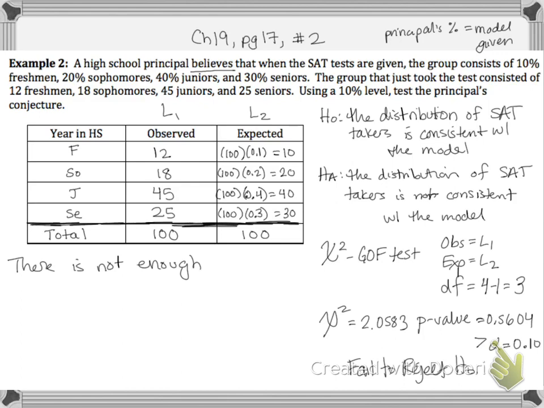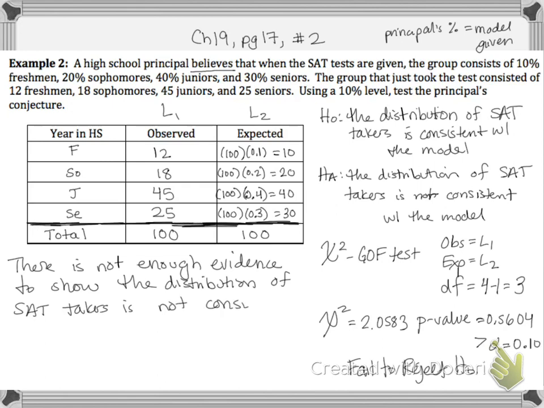So there's not enough evidence to show the distribution of SAT takers is not consistent with the model. So the numbers are too close to what the principal said to claim any different. I hope this makes sense.